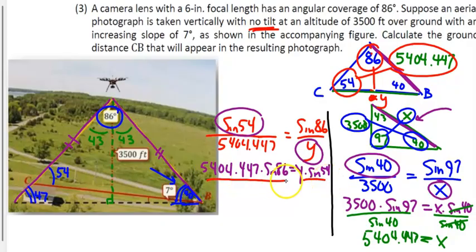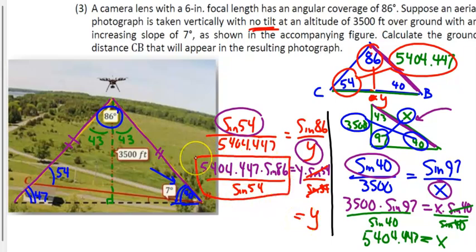Divide both sides by the sine of 54. So Y is going to equal whatever this fraction is. 5,404.447 times the sine of 86 degrees divided by the sine of 54 degrees is 6,663.991.